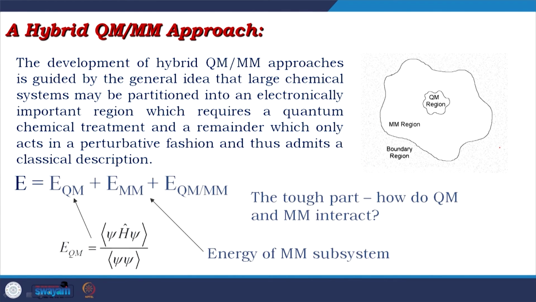So, if you calculate the energy, you now have three components: energy of the quantum mechanical region, energy of the molecular mechanical region, and energy of the quantum mechanical molecular mechanical region. The energy of the quantum mechanical region would be calculated using the Hamiltonian operator. You already know how to calculate the energy of the molecular mechanical subsystem.